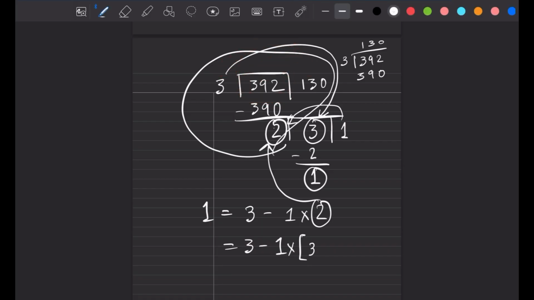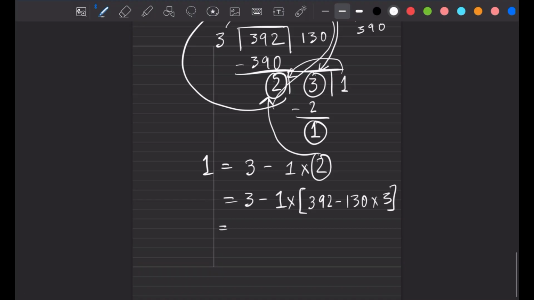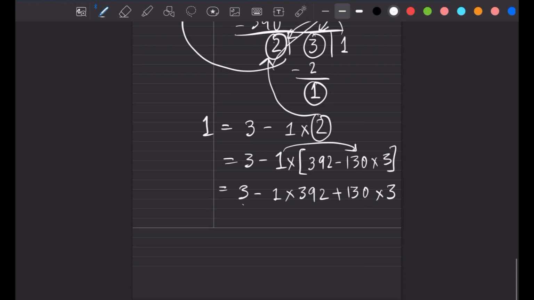So I can write this as 392 minus 130 into 3. What does this give me? Let's check. 3 minus 1 times 392 minus 1 multiplied by this gives you plus 130 multiplied by 3. Combining these two gives me 131 multiplied by 3 minus 1 multiplied by 392.